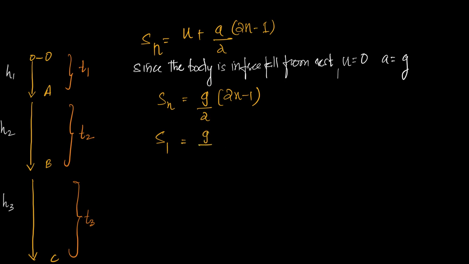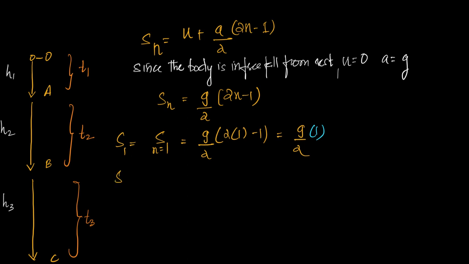S1 is equal to Sn when n is equal to 1, which is G by 2 into 2 into 1 minus 1, which is G by 2 into 1.